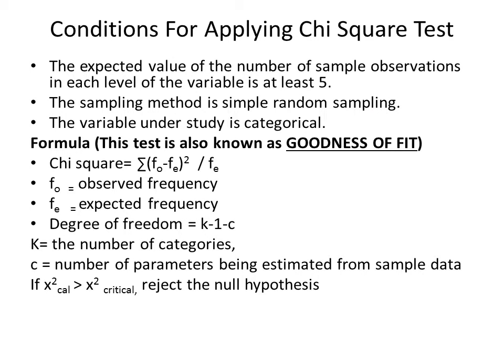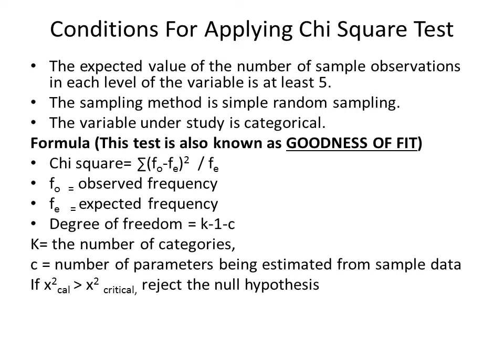Now when can we apply chi-square test? What are the conditions required for applying chi-square test? In a contingency table, an expected frequency of less than 5 in a cell is less than the frequency required to apply chi-square test.